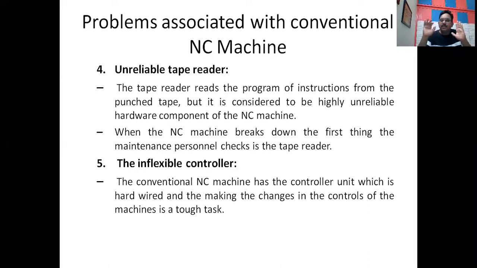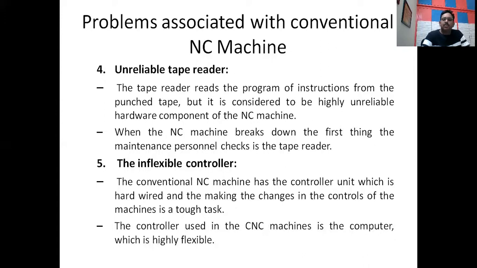In earlier days it was like this, but now it has been replaced with computer numerical control, so it has become more flexible. So these are the problems. The control used in CNC machines is a computer, which is highly flexible. So these are the points about the CNC machines.